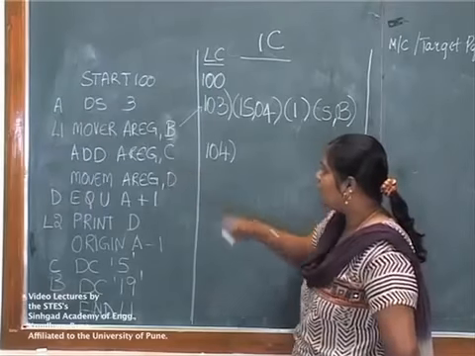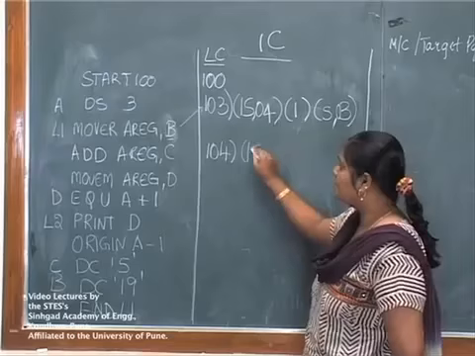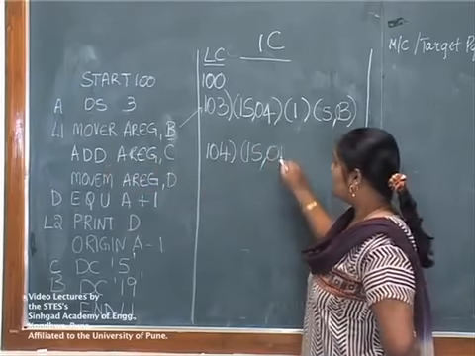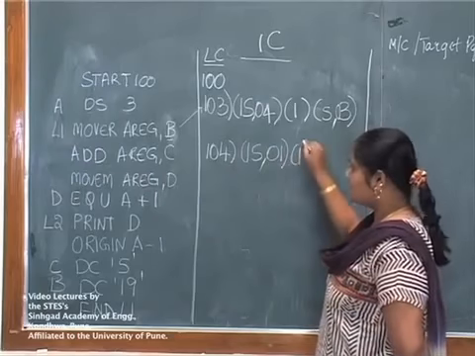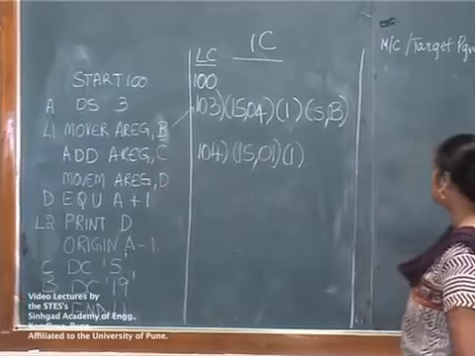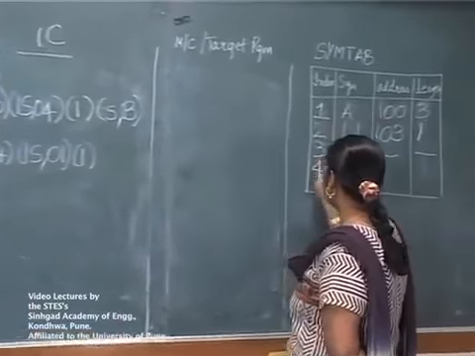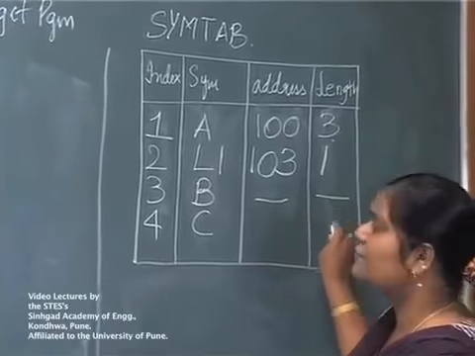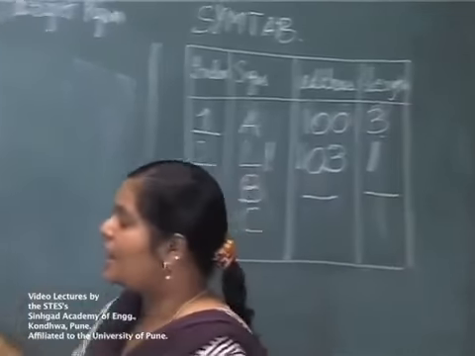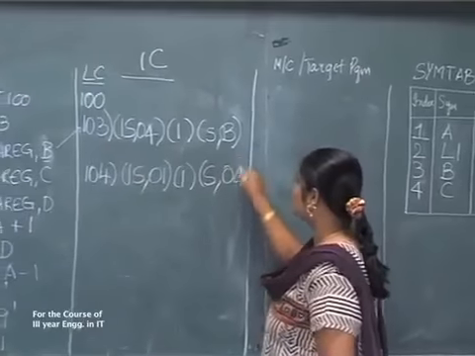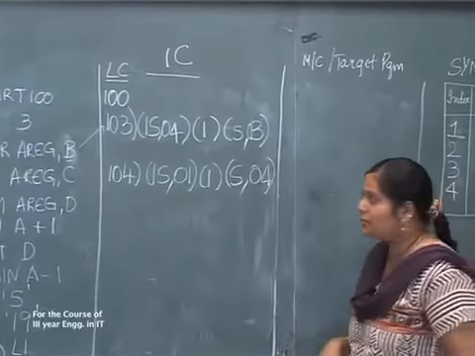Then after this you have an imperative statement, IS. The ADD instruction code is 01. A register is 1. C is again a symbol encountered in your program, so I have to enter it into my symbol table at location 4. I am not writing an address. I do not get the length, and it is a symbol which is at location 4. So you will write S, 04.